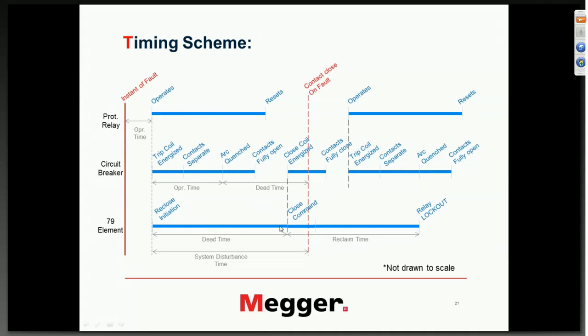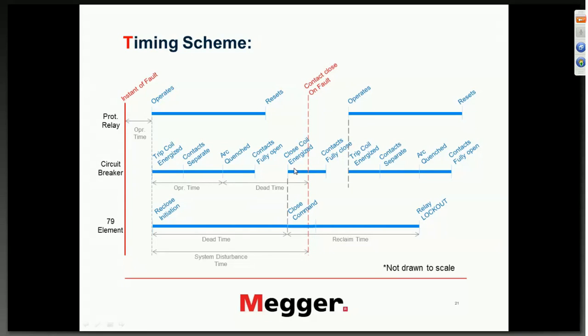So that will be the close command sent by the 79 element into the circuit breaker. And once the circuit breaker receives that close command, the close coil gets energized, and that close coil will try to close the contact fully.